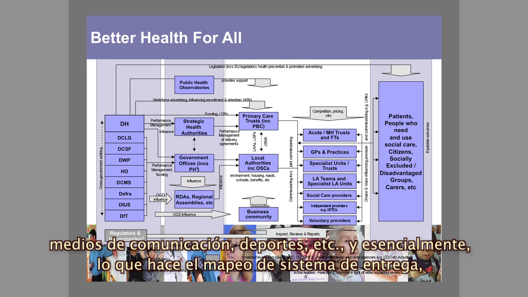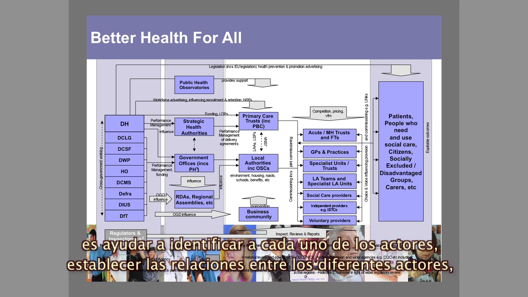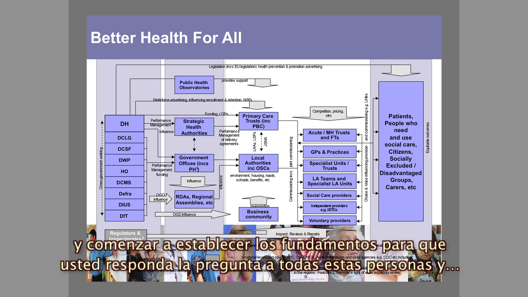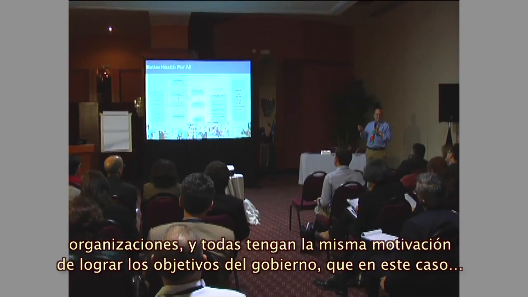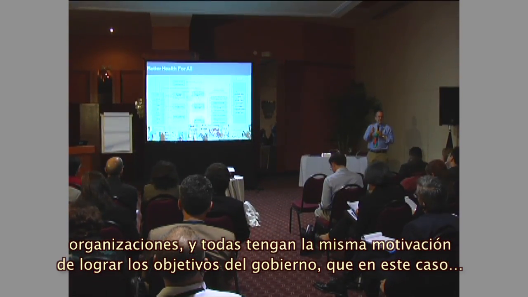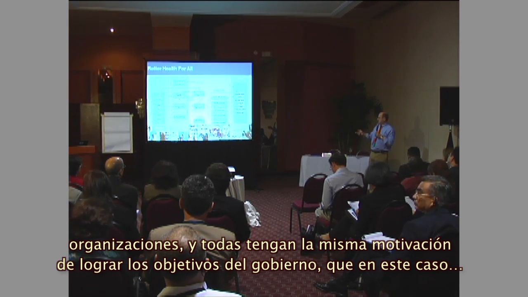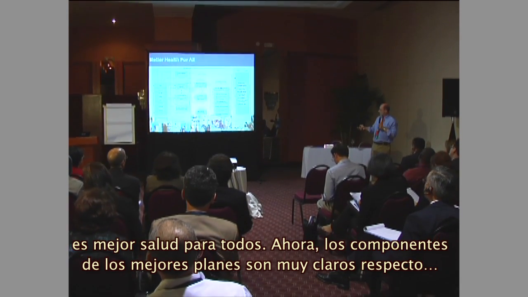Essentially what delivery system mapping does is help you to identify each of the various players, what the relationships are between each of them, and begins to set the foundation for you to ask the question: do all of these people and organizations have the same motivation to achieve the government goal, in this case, better health for all?